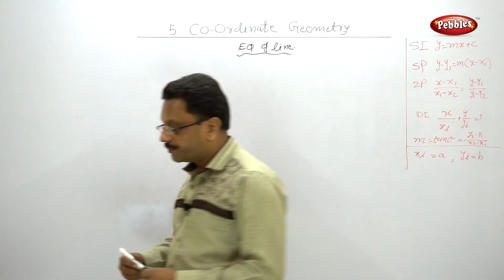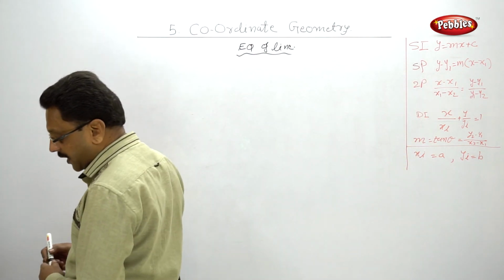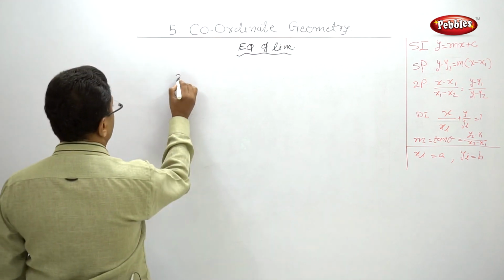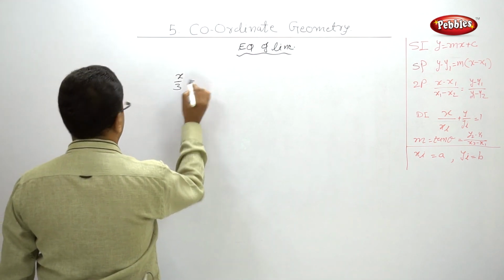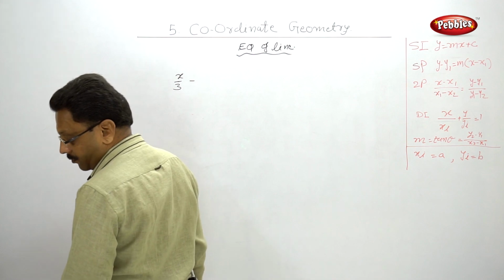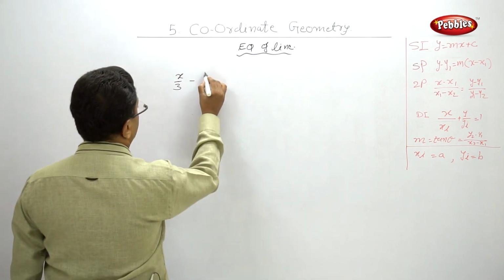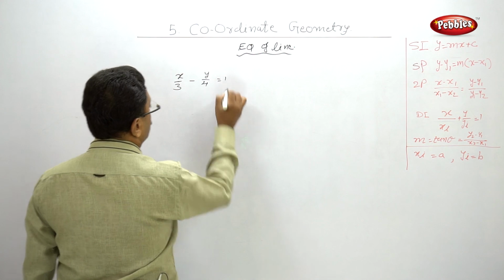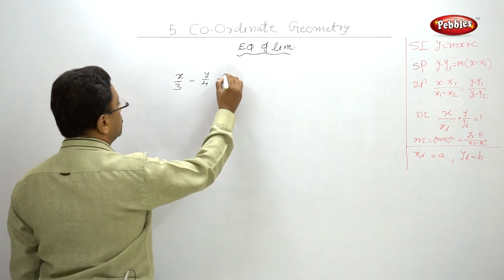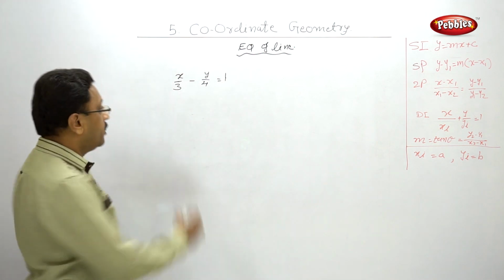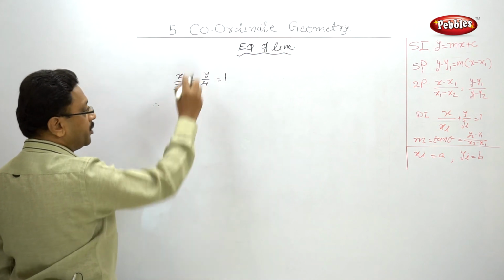Let us solve this. The equation is given: x upon 3 minus y upon 4 equal to 1. Now you have to solve this equation very carefully. Okay? How will you solve? I will do cross multiplication.